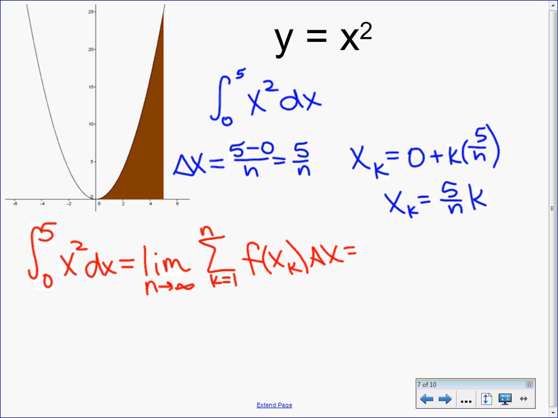Okay? So we have the limit as n approaches infinity. When we plug our x sub k into our function, what is that? We'll put 5 over n times k, squared. Right? We'll do that for now. And then what is our delta x? 5 over n. Ooh, I forgot my summation. I'm sorry. There you go.